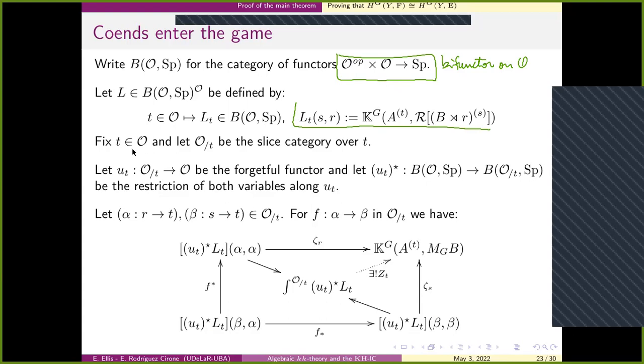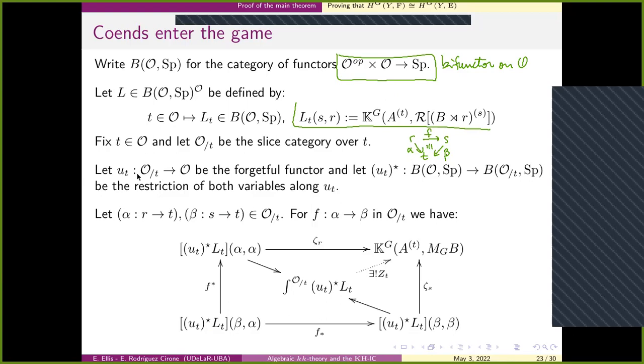And that bifunctor depends covariantly on T. So we fix T and we let O over T be the slice category over T. The objects of this slice category are morphisms whose range is T. For example, an object could be a morphism alpha from R to T, and a morphism in the slice category from alpha to beta is a morphism from R to S, making this triangle commute.